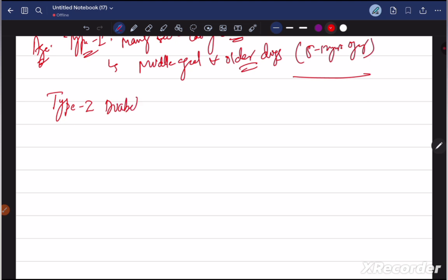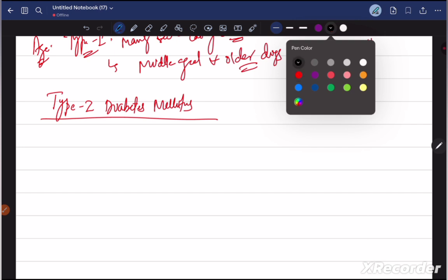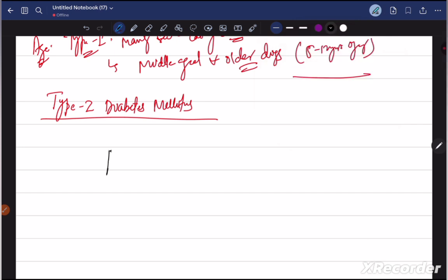Type 2 diabetes mellitus. What happens in type 2 diabetes mellitus? I told you that there are special types of receptors that are responsible for the binding of insulin. What happens is that these receptors become resistant.